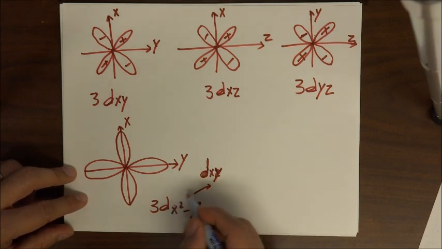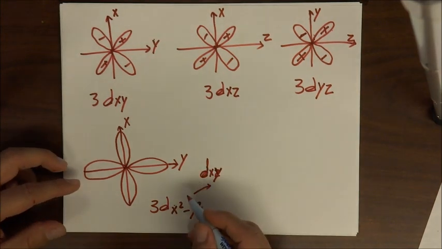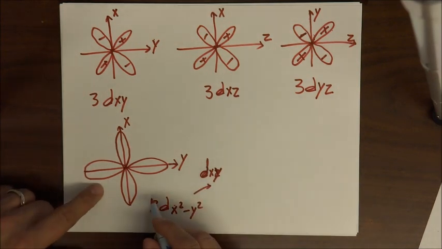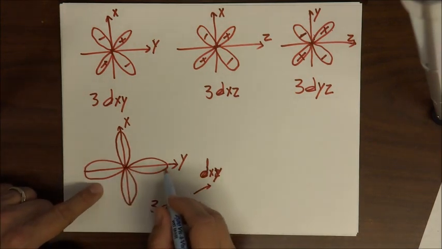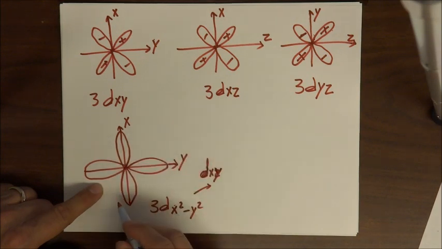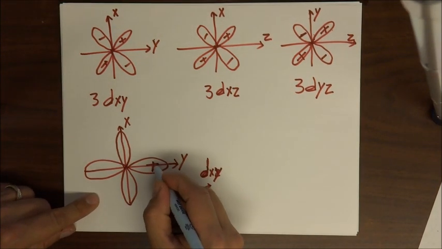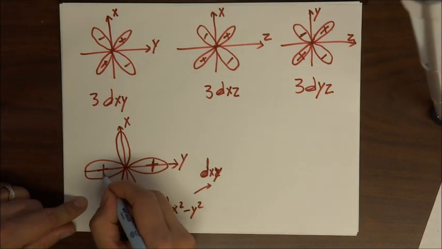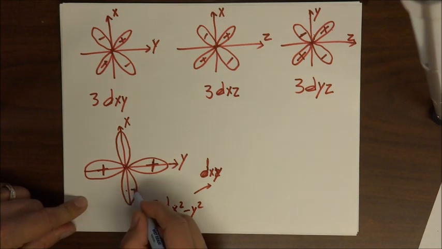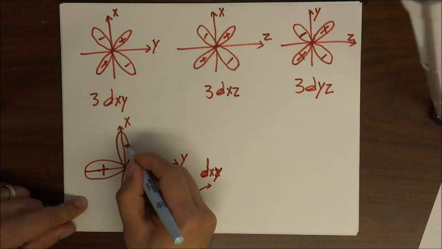They are using the same plane, but you want to show that in this case the lobes are sitting on the axes, not between them. Sign, you go positive, positive, and this one negative, negative.